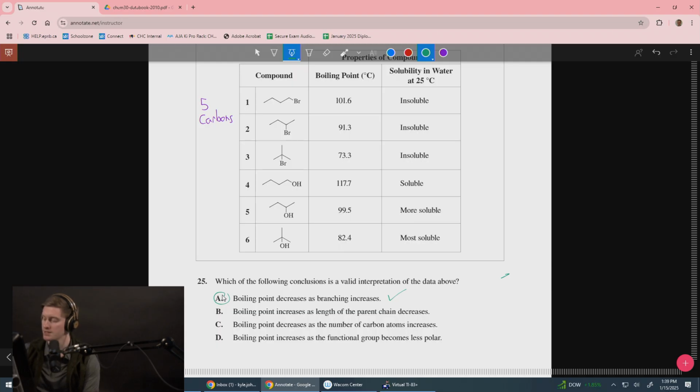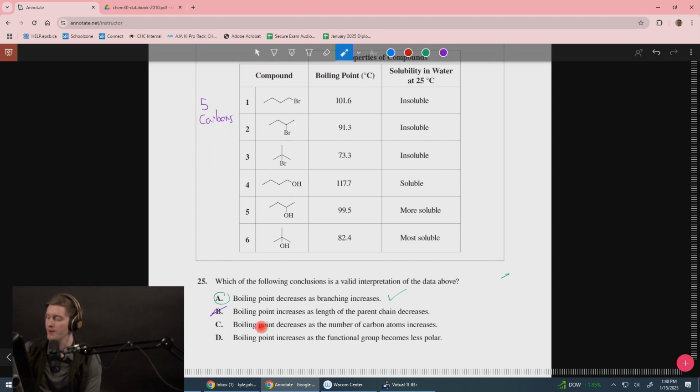Boiling point increases as the length of the parent chain decreases. This is essentially saying boiling point increases as branching increases, since all of these have the same number of carbons. These two statements are mutually exclusive. So if we already said that A makes sense with this data, then B does not make sense with this data.